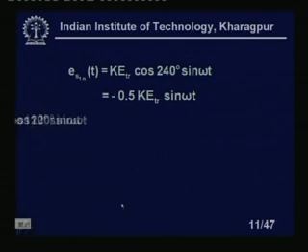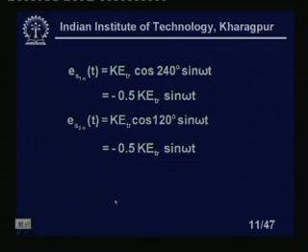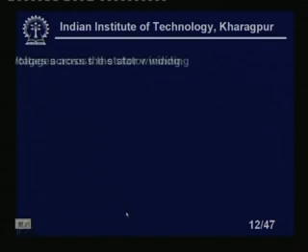And ES3N equal to K ETR cos 120 degree into sin omega t, equal to minus 0.5 K ETR sin omega t. ETR is used because it is the transmitter; I have abbreviated transmitter by TR.